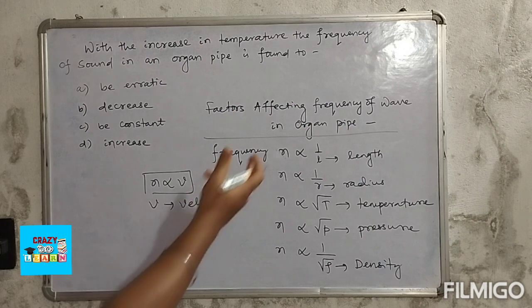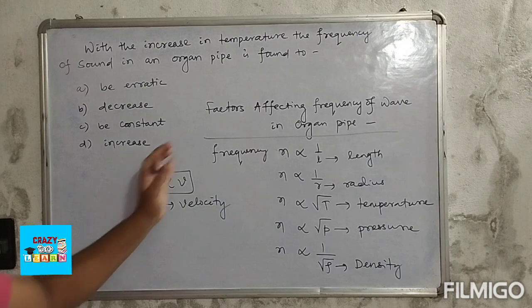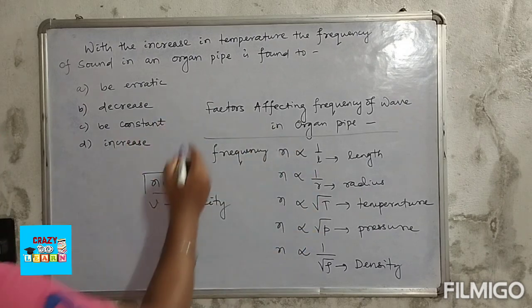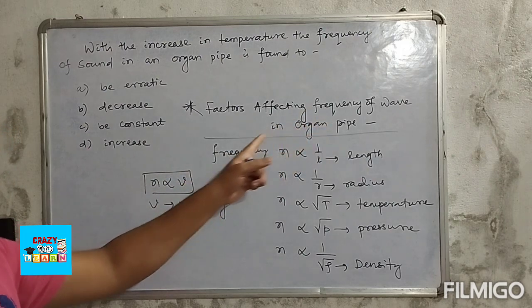How did I get this relation? I require lots of time to explain all these things. So for this video, you just remember how the different factors affect the frequency of a wave in an organ pipe.